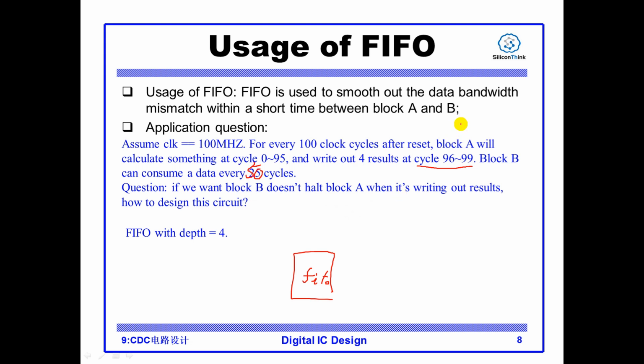You can say in this situation the bandwidth is mismatched from a long-term view. The bandwidth of block A is higher, 2 times that of block B. So whatever the depth of the FIFO you have designed, block B must block A at some times.